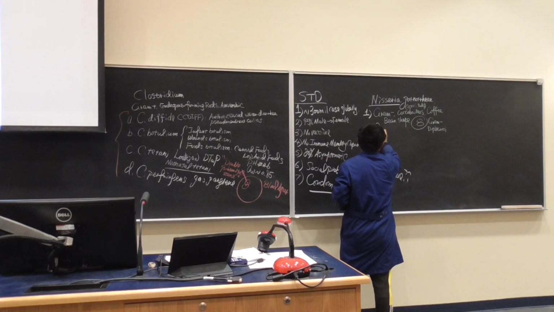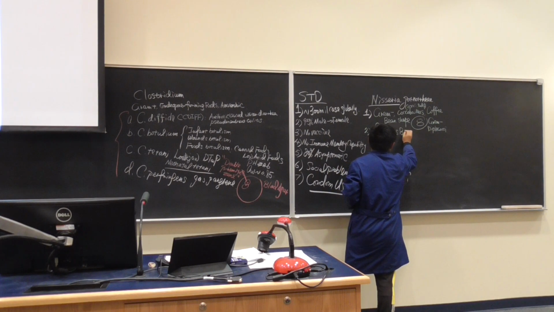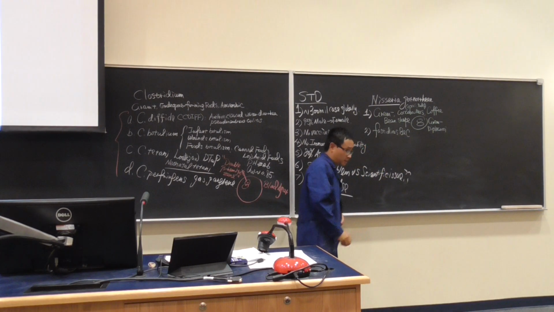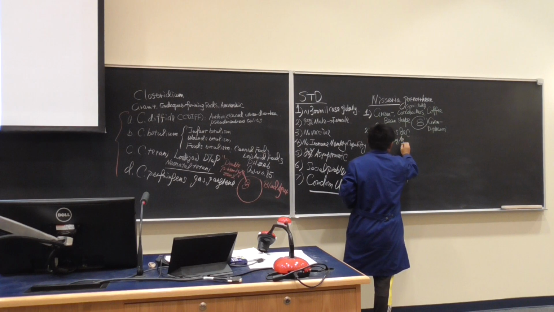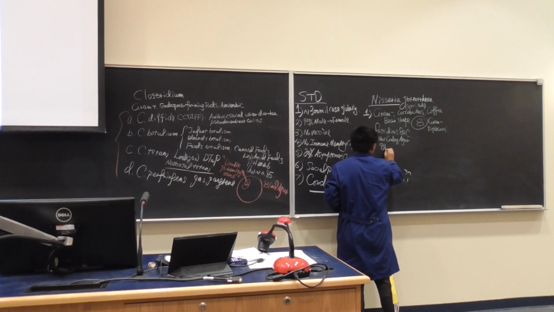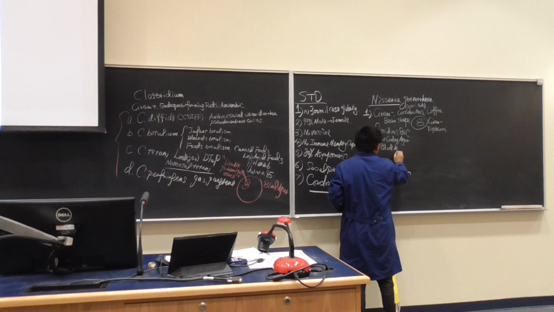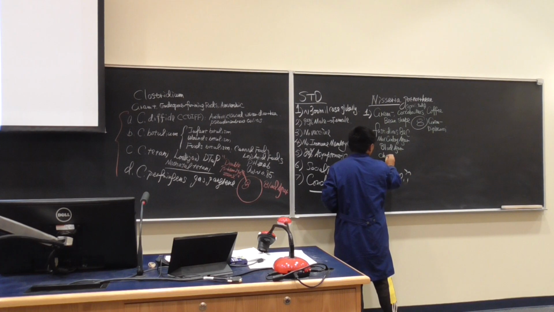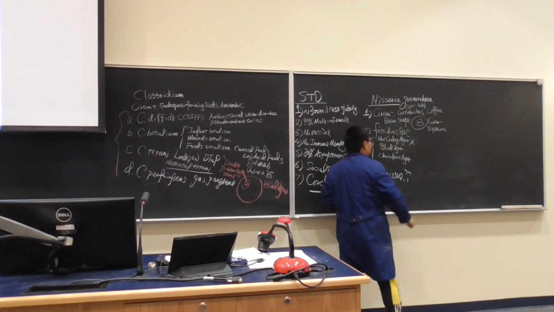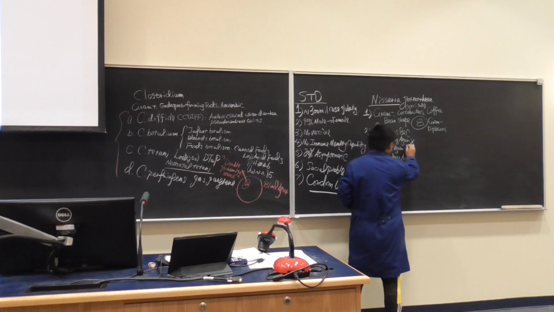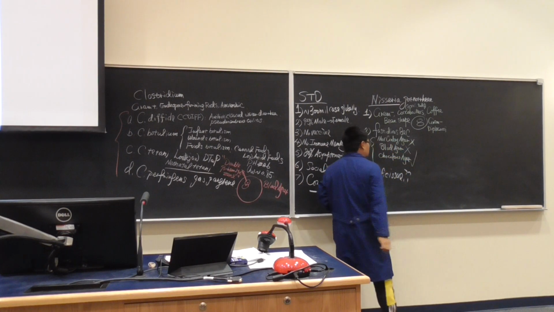This is a fastidious bacteria. What does fastidious mean? We mentioned several times, if we have a MacConkey agar, a blood agar, and a chocolate agar, this bacteria is very picky. It will not grow on MacConkey agar, and it will not grow on the blood agar, it only grows on the chocolate agar.